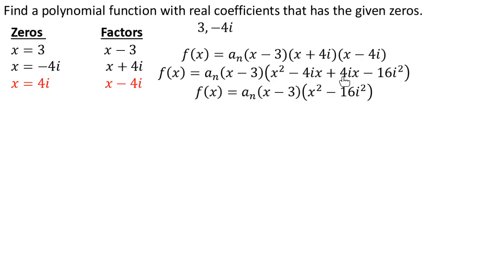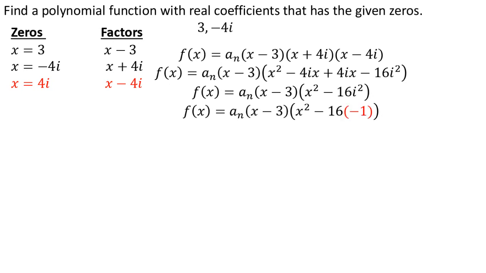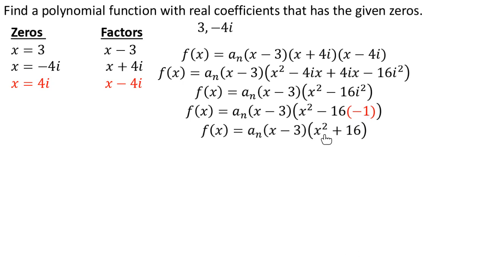Negative 4ix and 4ix becomes 0, and I'm left with this. However, I know that i squared is equal to negative 1. So negative 1 times negative 16 is positive 16. So I get x squared plus 16. Now I'm going to multiply it by x minus 3. So x times x squared gives me an x cubed. x times 16 gives me a 16x.